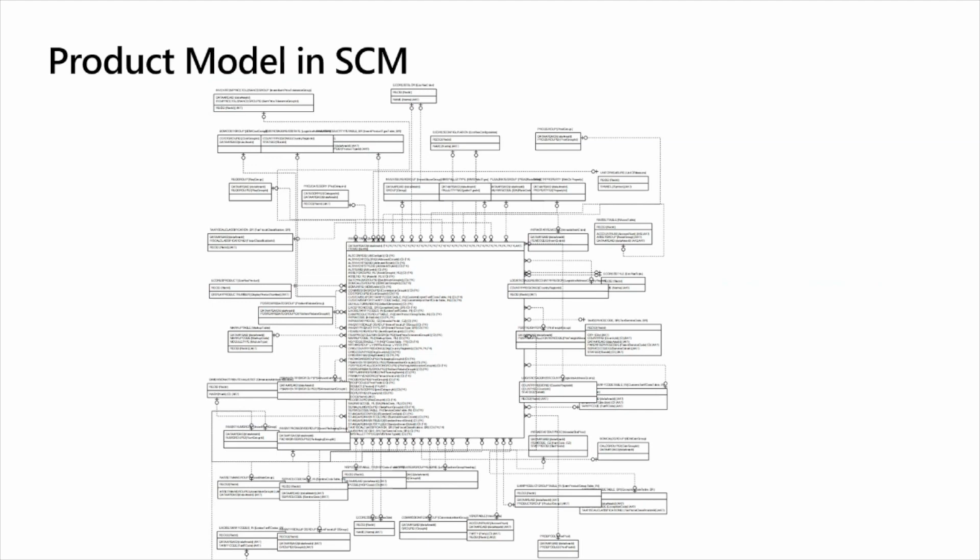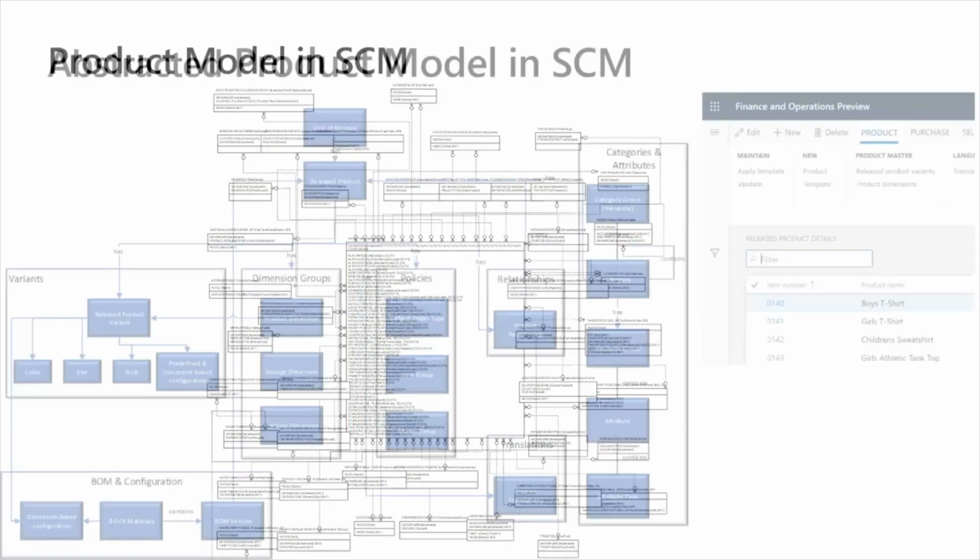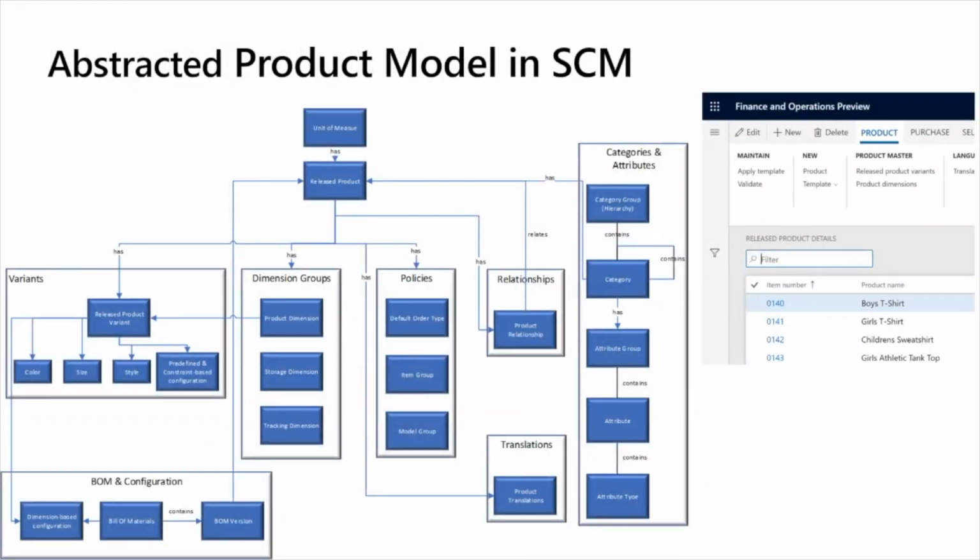I'm making a point here, in that from a product maintenance and modeling perspective in the supply chain management solution, there is a lot of complexity, a lot of tables, a lot of relationships. But the benefit in that application is we get to leverage the data entity construct, which provides an abstraction of that underlying implementation to create this more simplified view. And this is what Dual Write can leverage to simplify those integration scenarios.